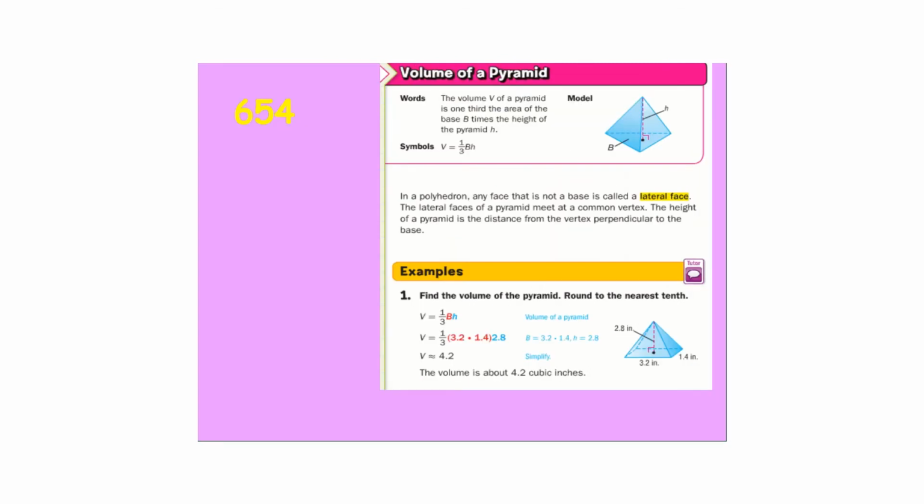Okay, so number 1, find the volume of this pyramid, round to the nearest tenth. So you find the area of the base, 3.2 times 1.4. Take that times the height, times 2.8. And it is a pyramid, so now you're going to divide by 3.